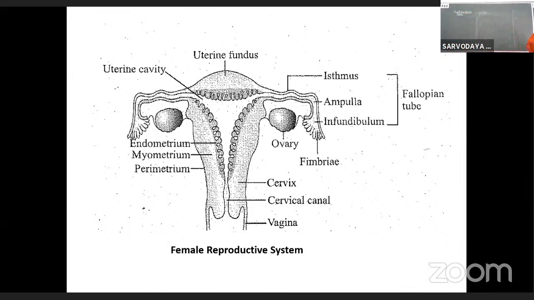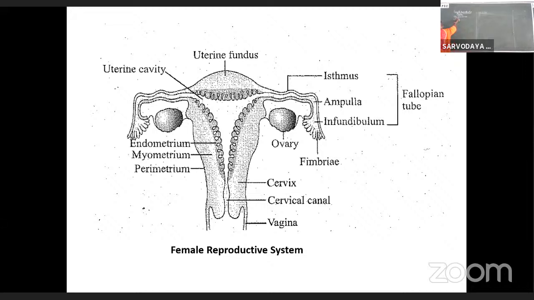What is the first part? We can always write it down. What is the first part? It is going to be a pair of ovaries. Okay, look at the diagram. As I am telling the names, you can look into the diagram and also take down in your notes.